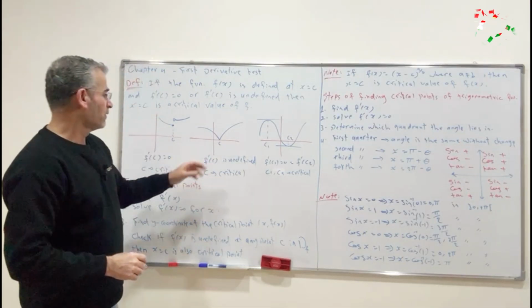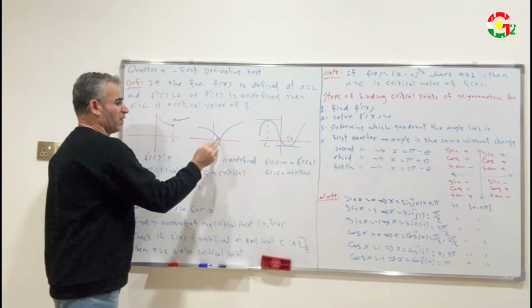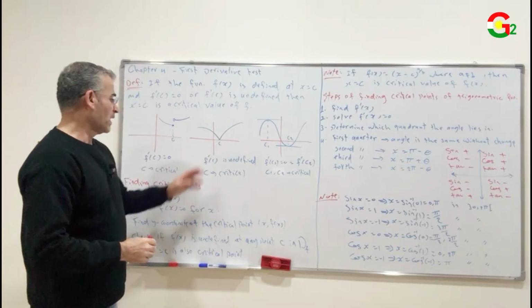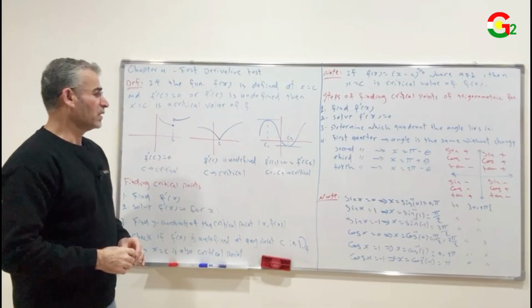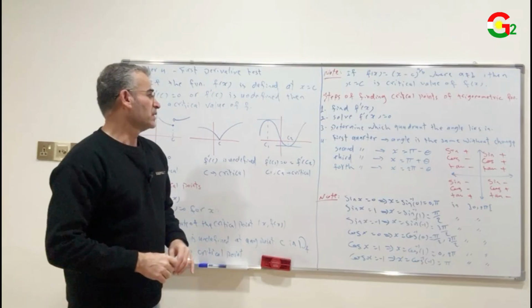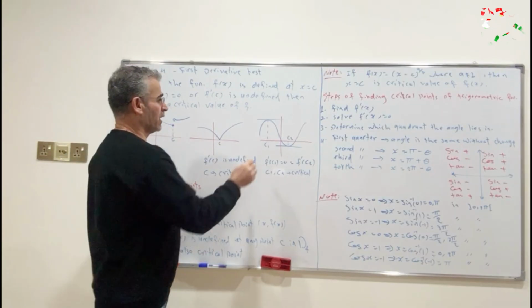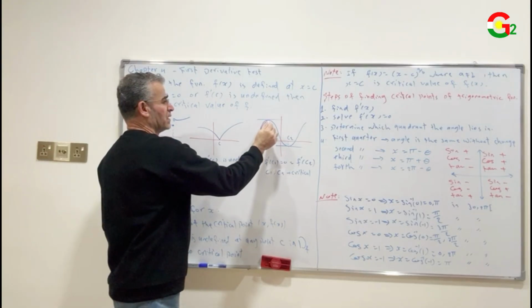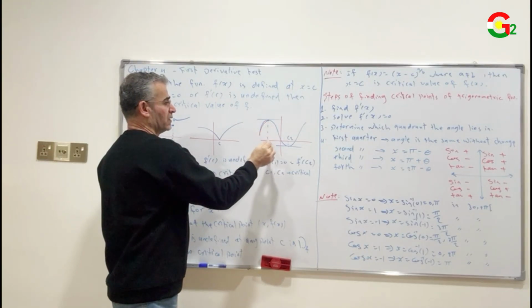For the second graph, at c the graph has a sharp vertex, so the derivative is undefined and therefore c is a critical point. In the third graph, the function has two critical points, c1 and c2, because the function is increasing then starts decreasing at c1.